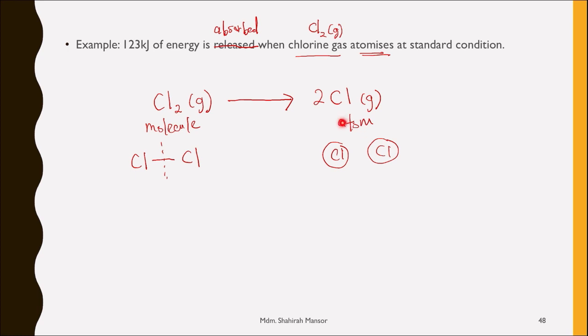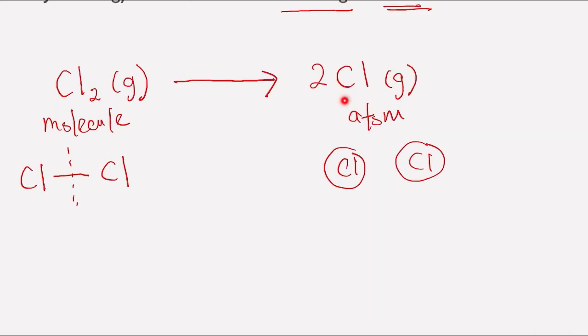The answer is atom, because according to the definition, the standard enthalpy of atomization is the heat absorbed when 1 mole of gaseous atoms forms from its element. So in this case, you have to make the gaseous atom part 1.